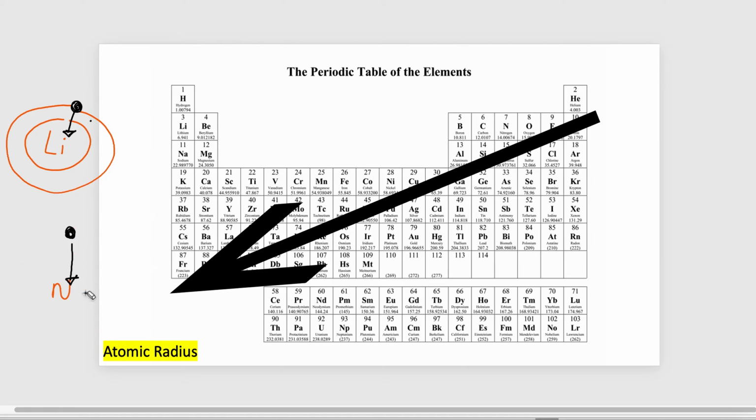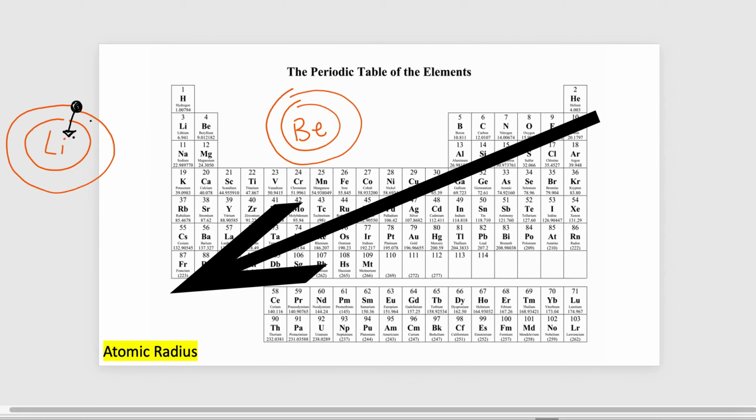Now, what if we're talking about elements in the same period but not the same group? Let's say lithium and beryllium. Lithium and beryllium both have 2 energy levels. However, what is the difference between these two in the nucleus?